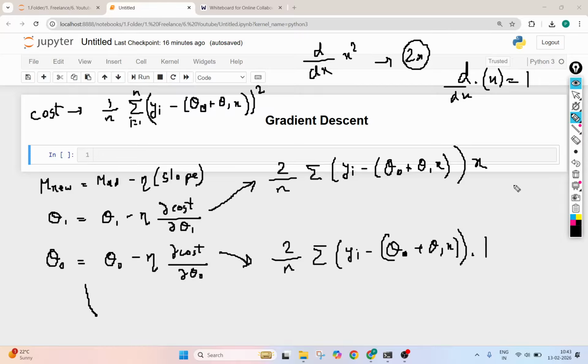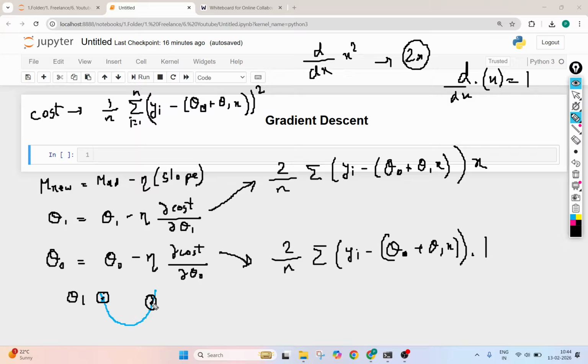So ideally what happens is, let me just change the color of the ink. This was the error function. Initially, this was my theta 1, let's say. What did we do? We found the old theta 1 minus eta of the slope, so it probably gave a value somewhere over here.